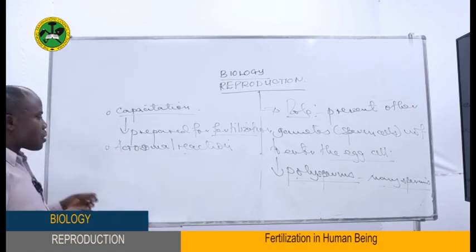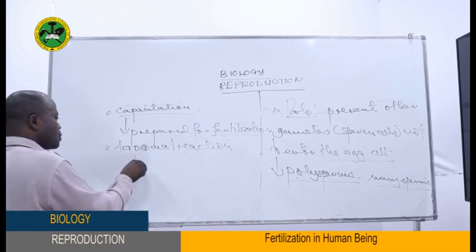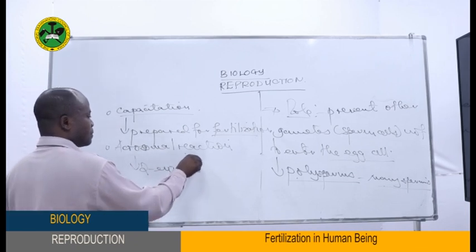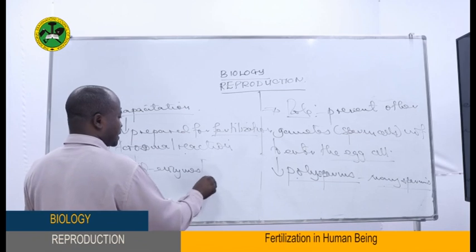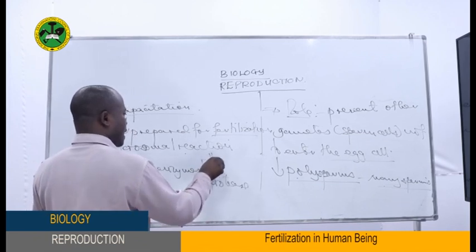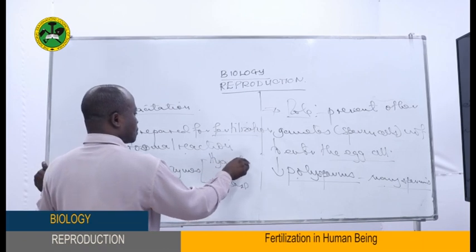Here, the acrosome contains two enzymes, the protease and hyaluronidase.